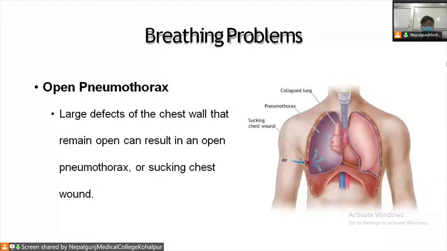Open pneumothorax is a larger pneumothorax, and it acts as an airway tract, so air can go to and fro through that point, but still there is air entrapment in the chest, because the chest expands through negative intrathoracic pressure and it cannot be maintained due to this open pneumothorax.